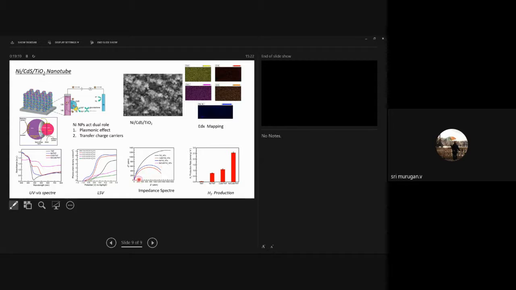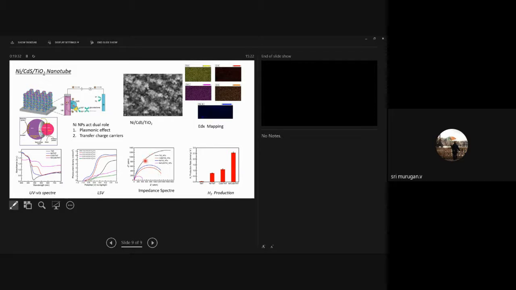So you can compare it here. The pink color one is the nickel CdS TiO2 tube. It is able to efficiently transfer the charge carriers compared to CdS TiO2.